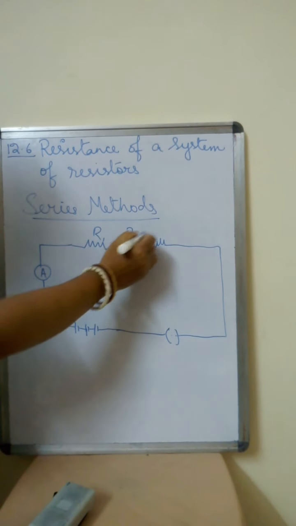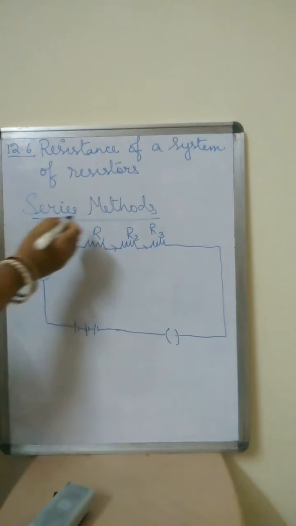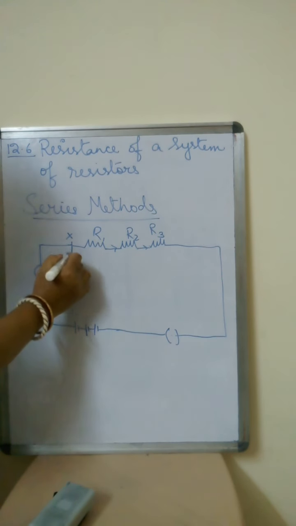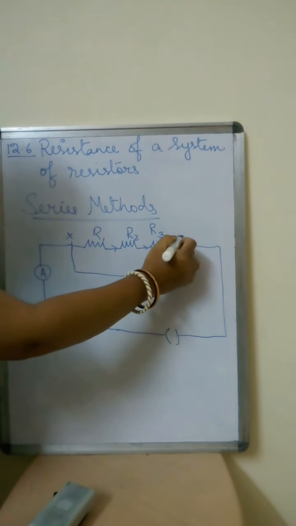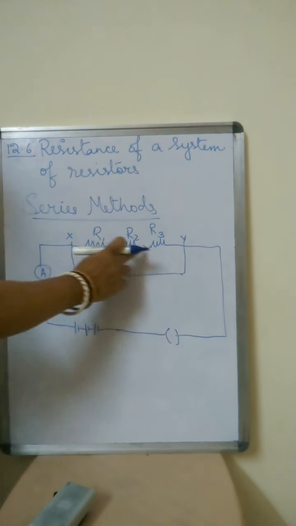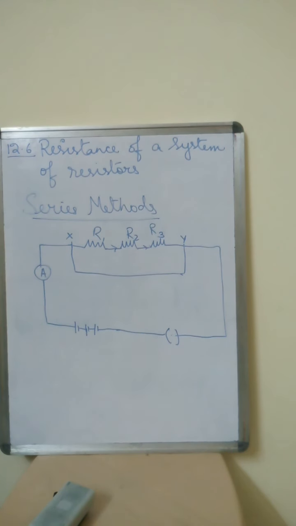So this is series: your R1, R2 and R3, where we are having three resistors. These are the points, X and Y. The resistors are connected between the points X and Y. So this is how the resistors are connected in series.